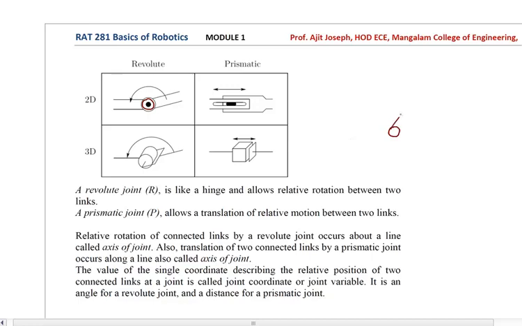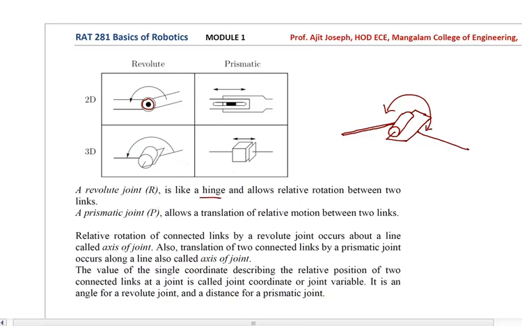You have a joint which is represented by a cylinder, and there is a link connecting to that cylinder, and this is moving in an angular fashion. That's a revolute joint. It's like a hinge and allows relative motion between two links. So what is the relative motion? It's basically an angular motion.